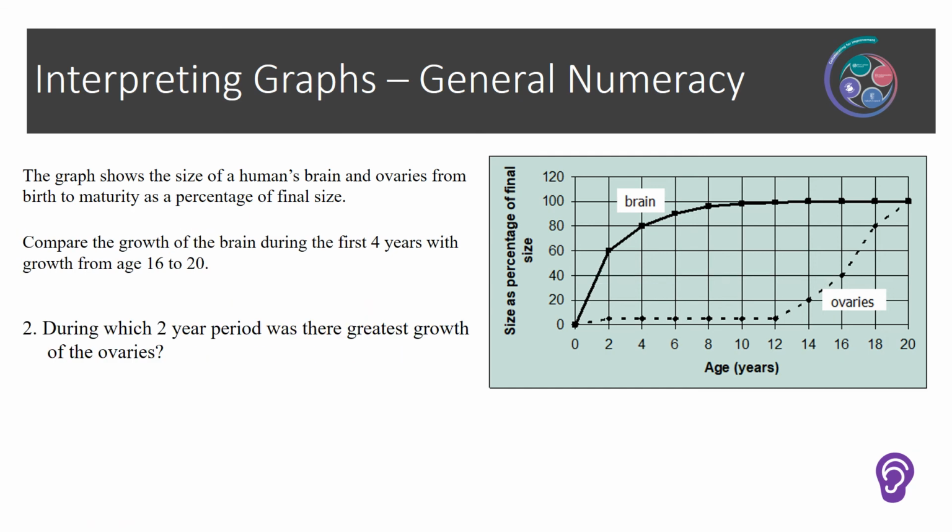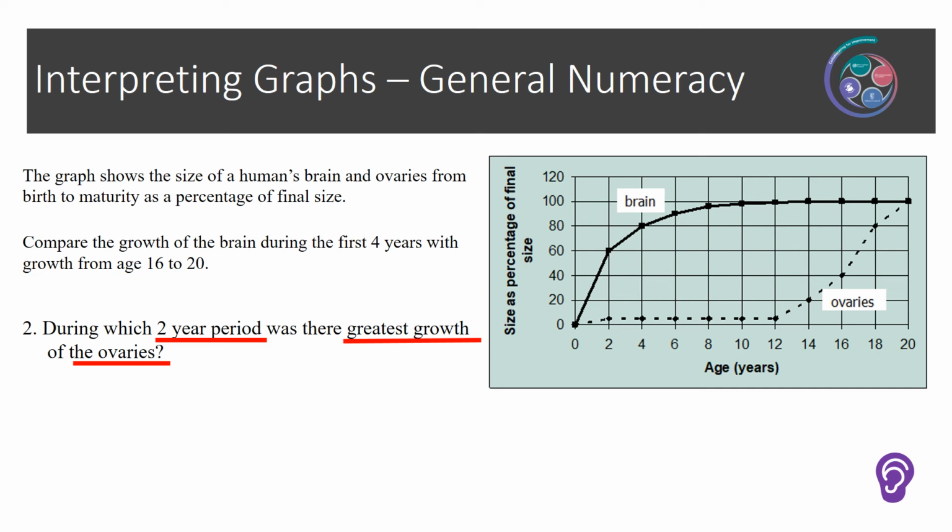Question 2. During which 2-year period was there greatest growth of the ovaries? Again, I want to make sure I am only looking at the dotted line for the trend of development of the ovaries to answer this question. I underline or highlight key information to help me solve the answer.